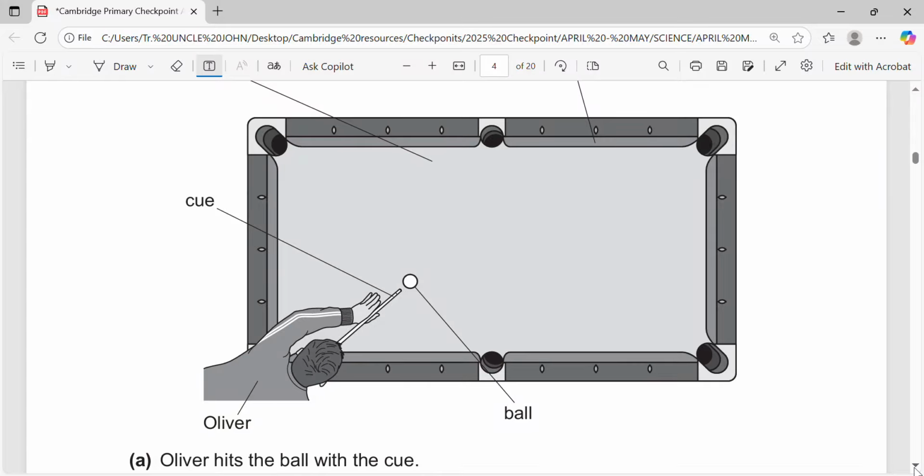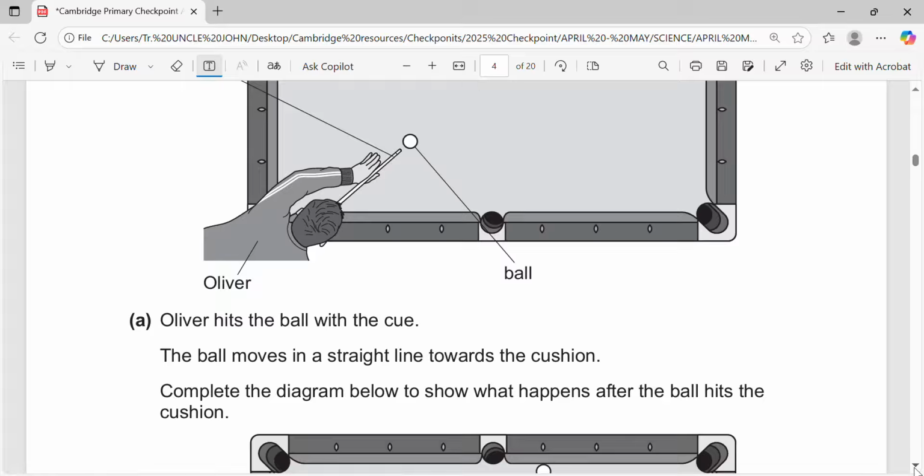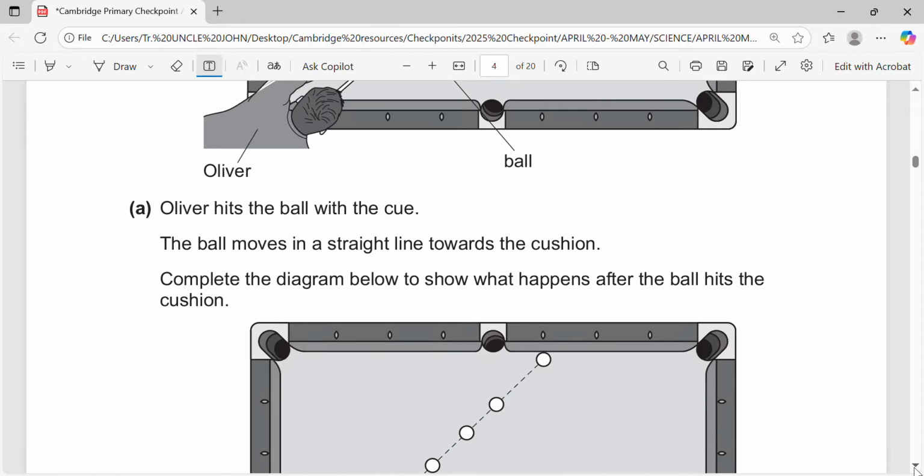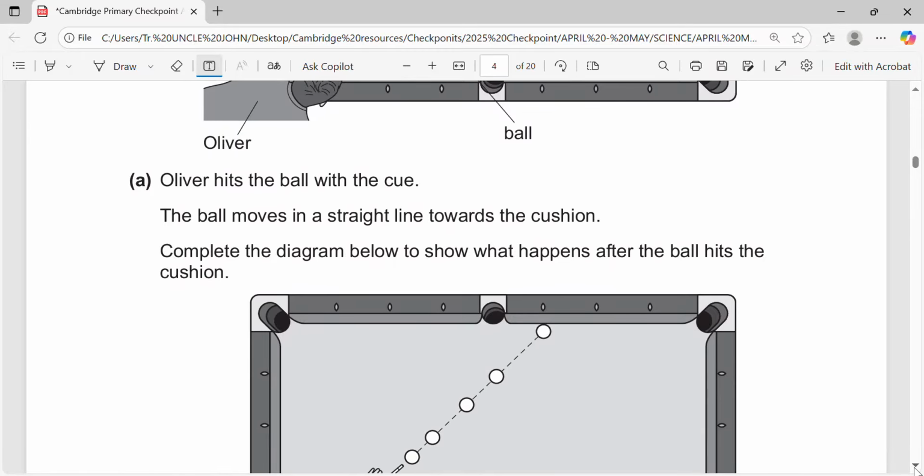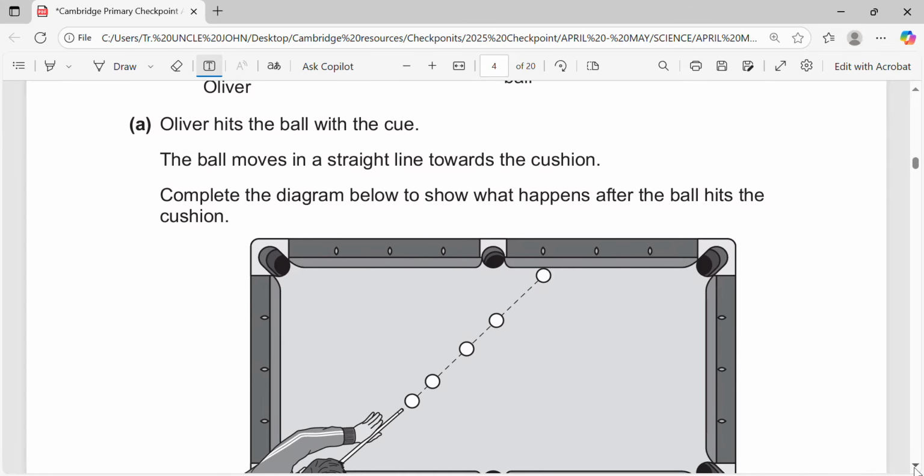There is a ball. A. Oliver hits the ball with a Q. The ball moves in a straight line towards the cushion. Complete the diagram below to show what happens after the ball hits the cushion.